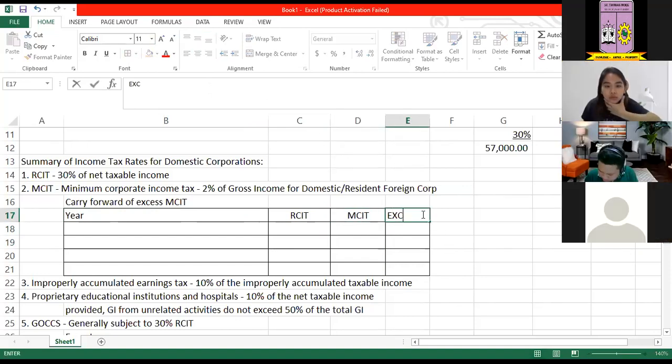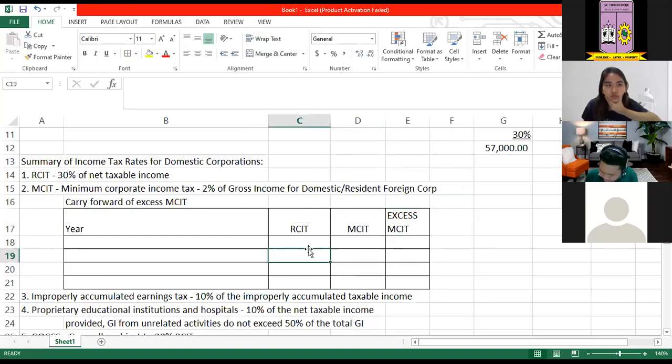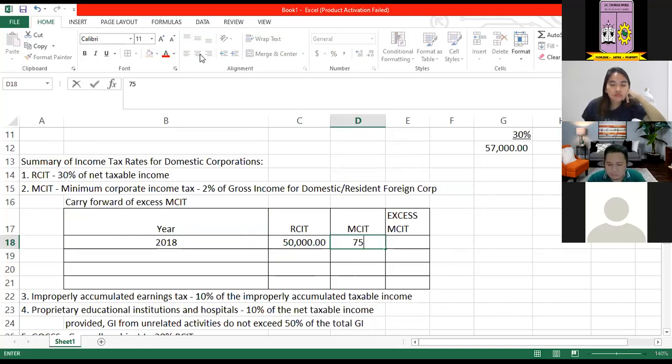Then MCIT, and excess MCIT. So, year, lagyan natin 2018. Yung RCIT mo is 50,000. Assuming na-compute na natin yung regular corporate income tax. So, gaya ng sabi ko, kapag given na po, wag na pong mag-abalang mag-compute. You are wasting your time. So, dito, let us say 75,000.